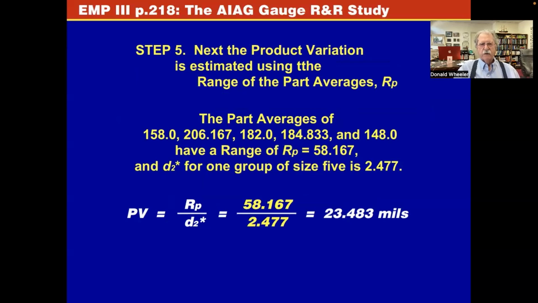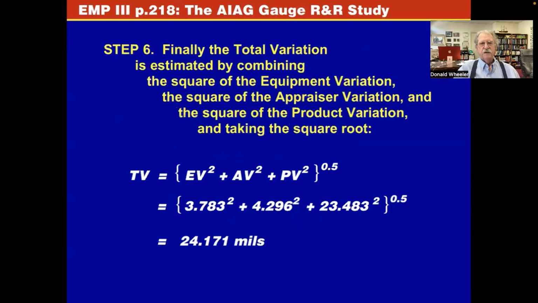The part averages have a range of 58.167 mils, and D2 star for one group of size 5 is 2.477, and the ratio gives us 23.5 mils for the product variation. Finally, step 6, the total variation is estimated by combining the square of the equipment variation, the square of the appraiser variation, and the square of the product variation, and then taking the square root. So our total variation, 24.2 mils.